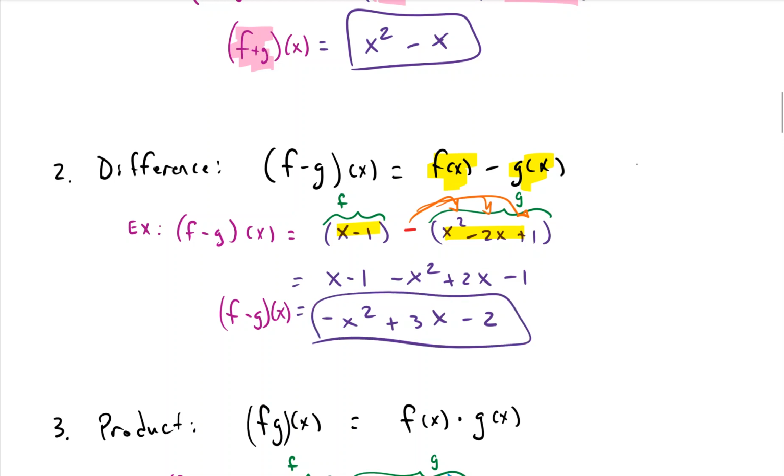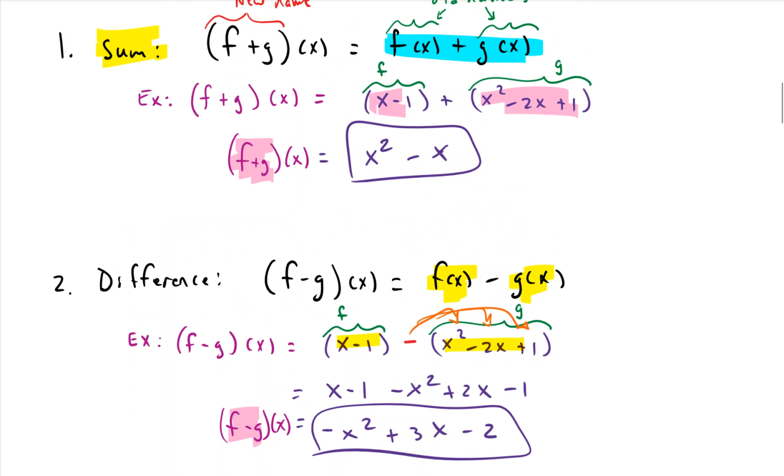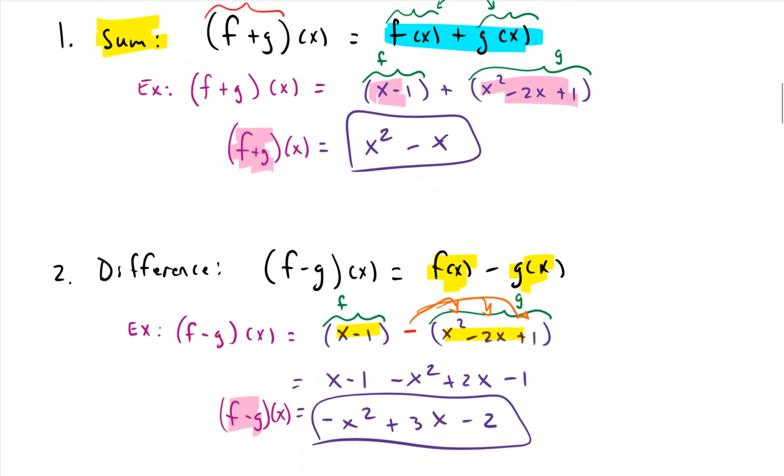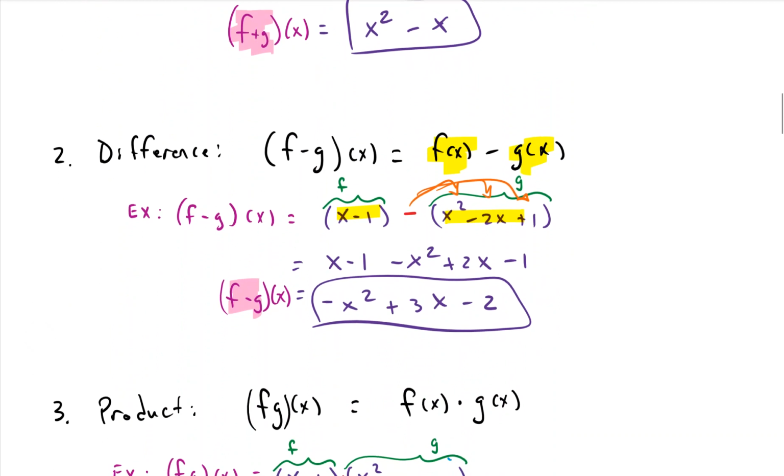So this new function, we call it f minus g of x. Let's write that down. So we read this as f minus g of x. That's how this is read.